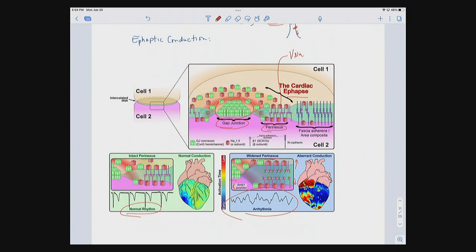And so from the other experiments that were done, what the evidence looks like now is that you in fact have ephaptic conduction, such that you have one cell here, cell 1, and of course over here is cell 2.